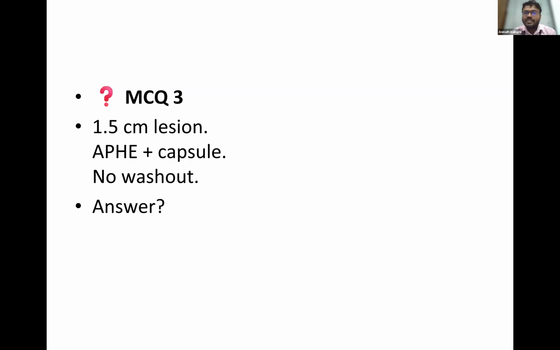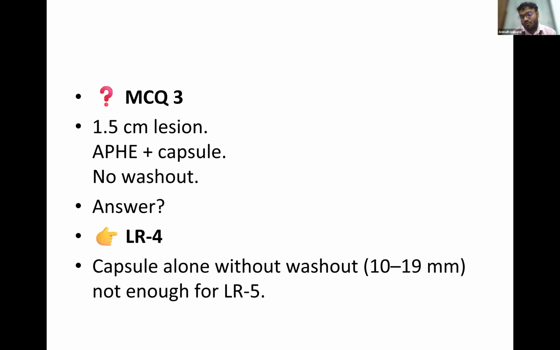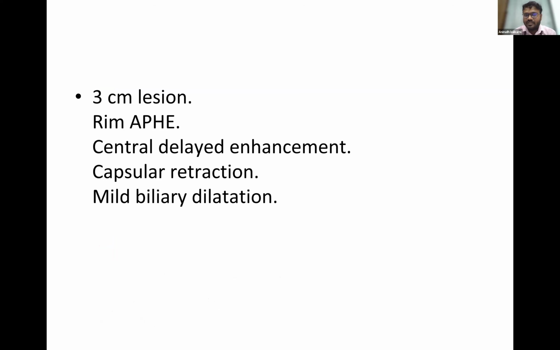Okay, 1.5 centimeter lesion, APHE. APHE means arterial phase hyperenhancement, plus capsule, no washout. LI-RADS 4. No washout is there, and size also 1.5. If it was more than 2, then LI-RADS 5.